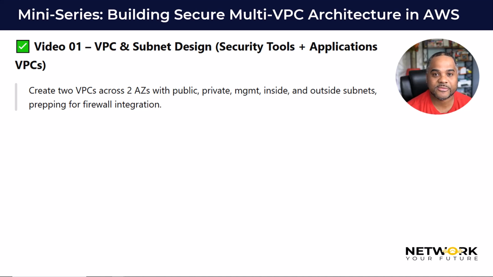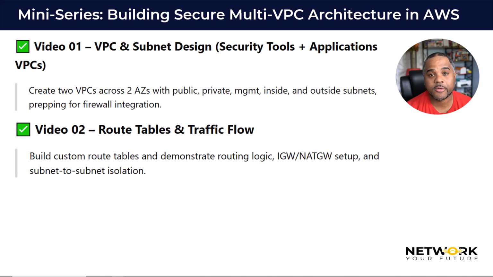The second video that's going to come out right after that, we're basically going to have those next network layer components, the internet gateway. We really won't need a NAT gateway, but we'll configure it and then blow it away in Terraform just to demonstrate how we would use it in case we didn't have the firewall to perform a NAT for us.